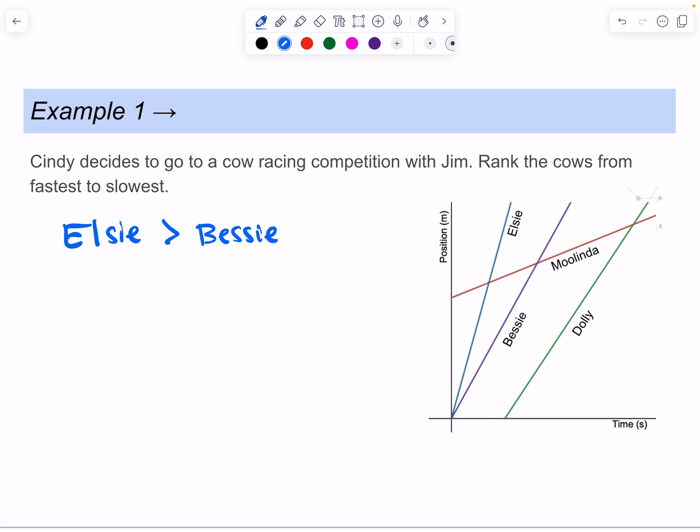Bessie seems to be the next steepest, followed by Dolly. And then finally, it looks like Moolinda has the most gradual slope, meaning her position isn't changing by a whole heck of a lot over that time interval. So she seems to be going the slowest.